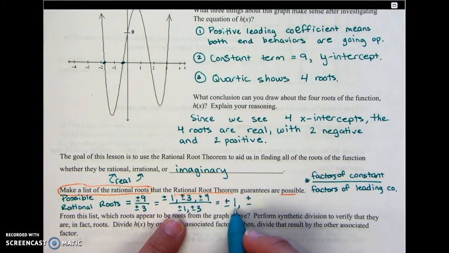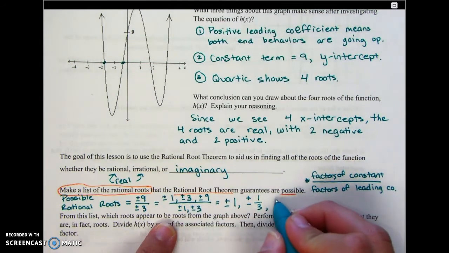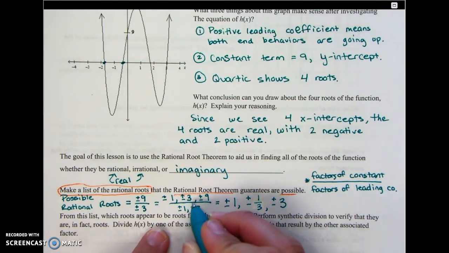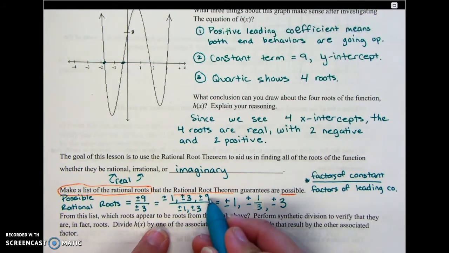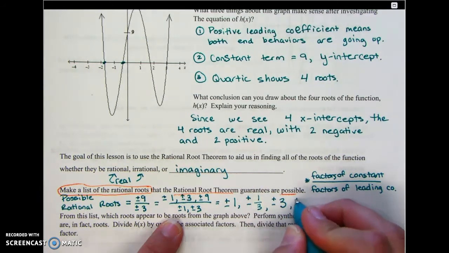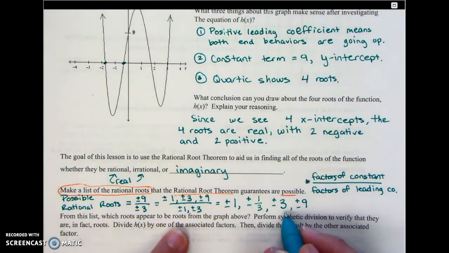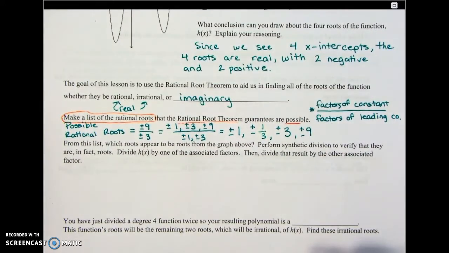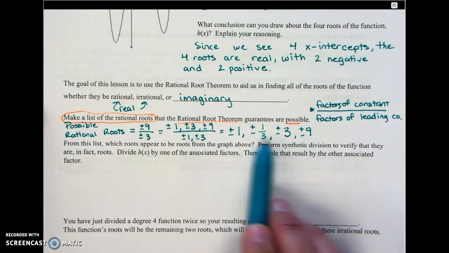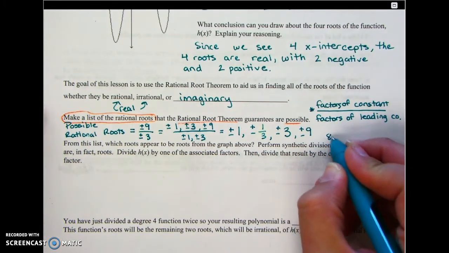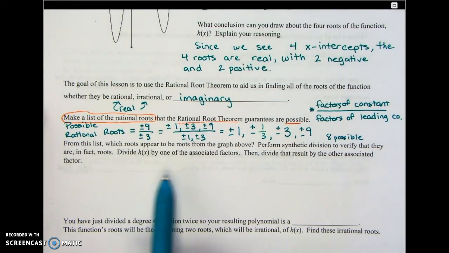Next, 3 divided by 1 is 3. 3 divided by 3 is the number 1, and we already put it. 9 divided by 1 is 9. 9 divided by 3 is 3, but we already have 3. Okay? That's a nice list, right? There's only 4 numbers, but they're positive and negative, so there's actually 8 possible. It's nice, small.